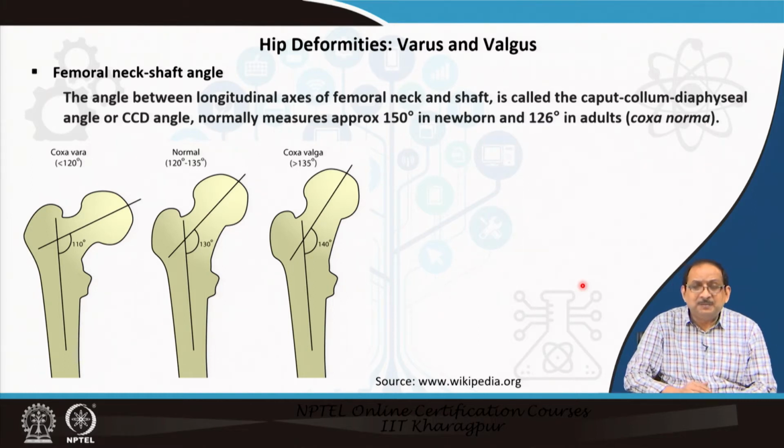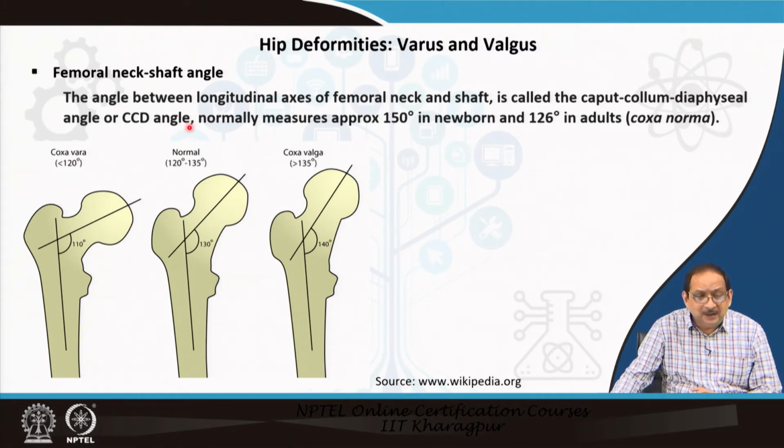Now, let us discuss some hip deformities. The eminent among those are the varus and valgus. Before we discuss varus and valgus, we should define what is the femoral neck shaft angle.